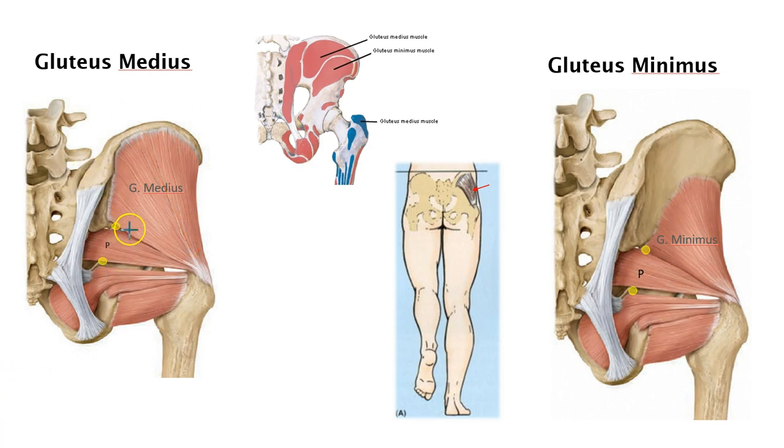You might be wondering what these yellow circles are. These are drawn in just to indicate the superior gluteal nerve innervating gluteus medius and minimus, and the other muscle that we'll get to in a second, tensor fasciae lata. This one indicates the inferior gluteal nerve, which innervates the gluteus maximus.